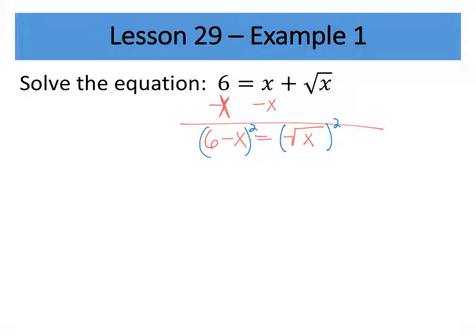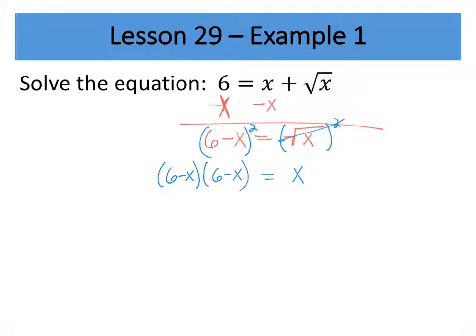On the right-hand side, I'm left with x because the square cancels out the square root, and I'm left with the stuff inside, so the stuff inside is just x. And on the left side, I have 6 minus x squared. Now remember, a square is the stuff multiplied by itself. So really, this is 6 minus x times 6 minus x.